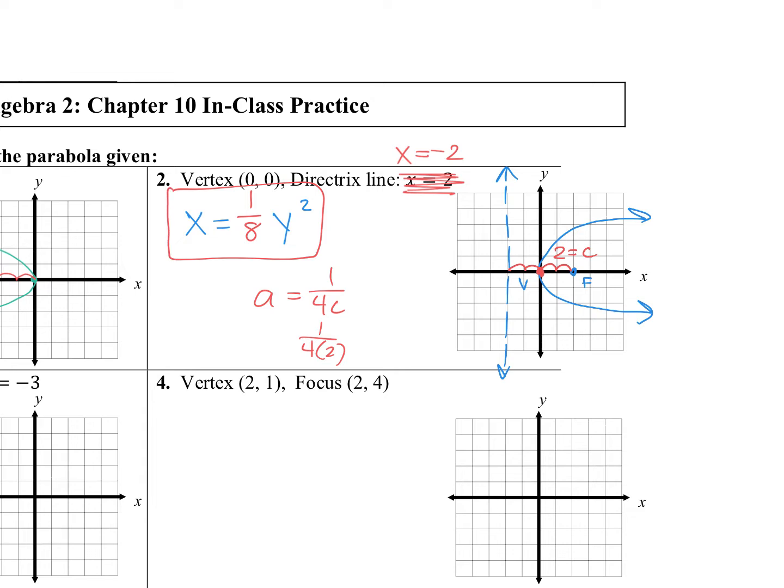Yes? How do you know how wide the parabola is going to be? Is that the length? No. This number determines how wide or narrow it is. The fractions are pretty wide. Technically, if I really wanted to be true to the shape, it would probably be more like this. If it was X equals 3Y squared, then it gets more narrow.